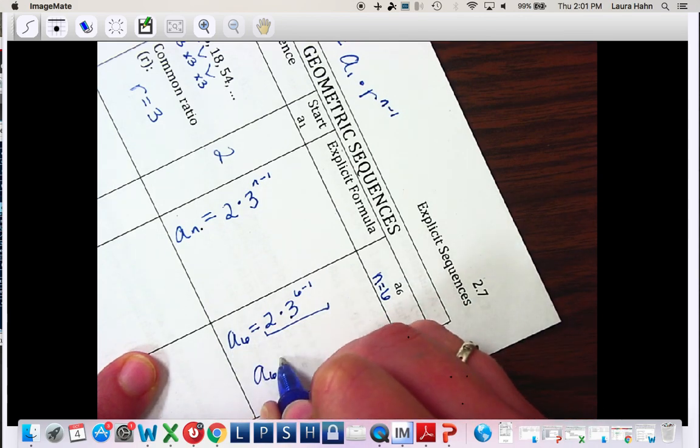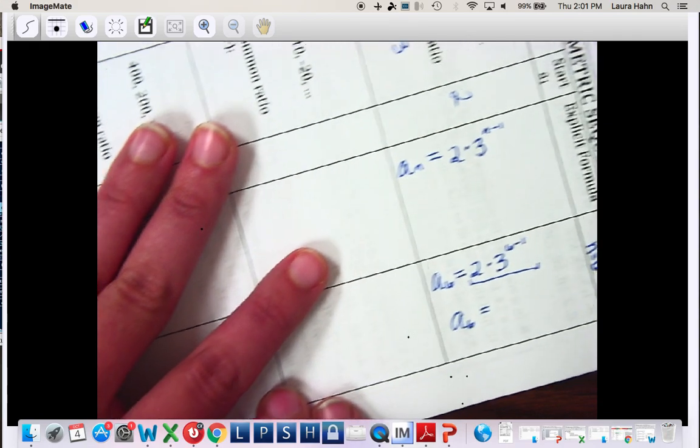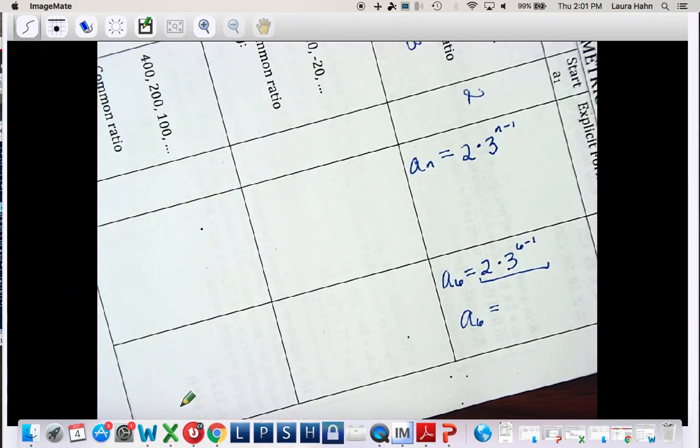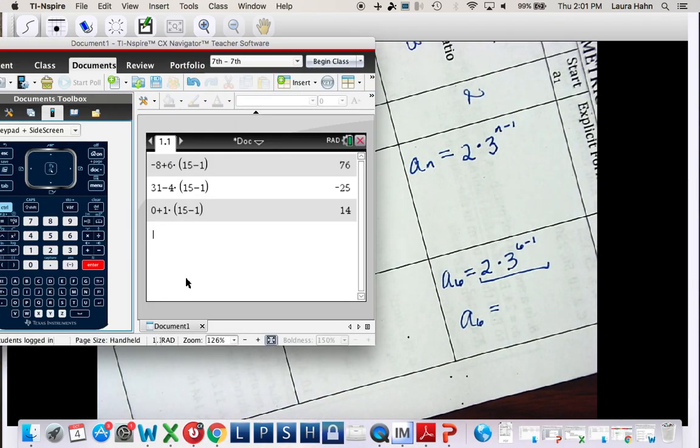So A sub 6 equals, all right, so I'm going to pull up the calculator. So I have 2 times 3. Remember, to get the exponent, you can click this little up arrow key right here. So if I click that up arrow key, it makes that box pop up. So in the box, I want 6 minus 1.